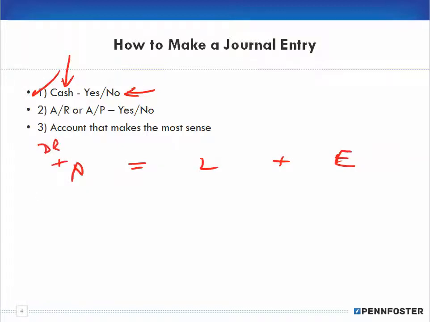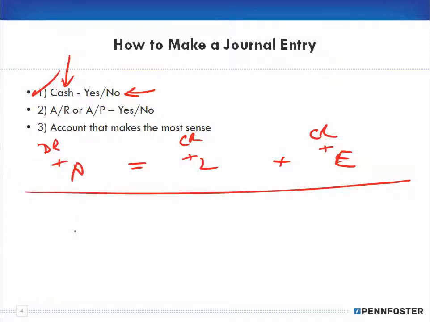If you want to know what that is, go back to the last video and watch the theory on the normal balance of an asset. Just like we know the normal balance of a liability is a credit, and the normal balance of an equity account is a credit. So we know that cash is an asset.